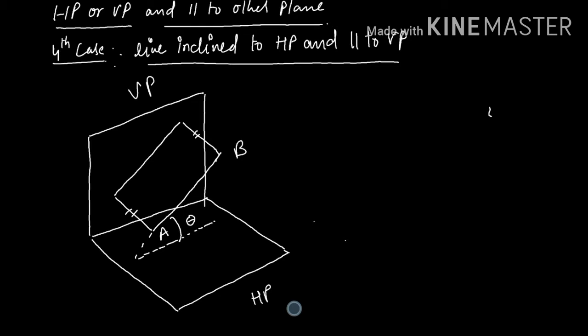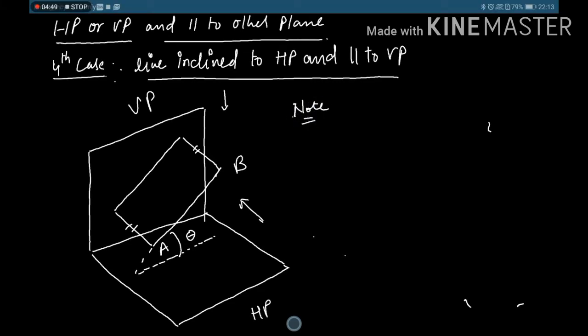So its projection on both planes would be when you look from the front side and when you look from the top side. Initially, the first projection will be on the VP. Note here I'm writing some points.